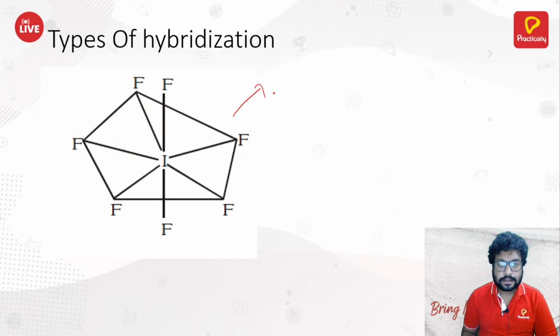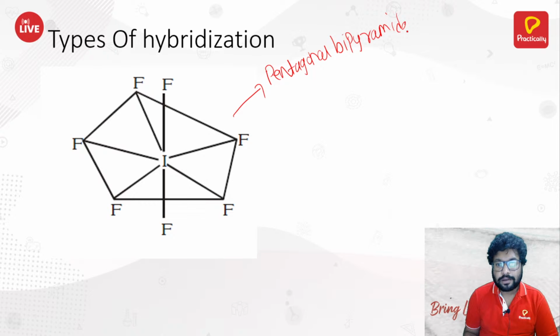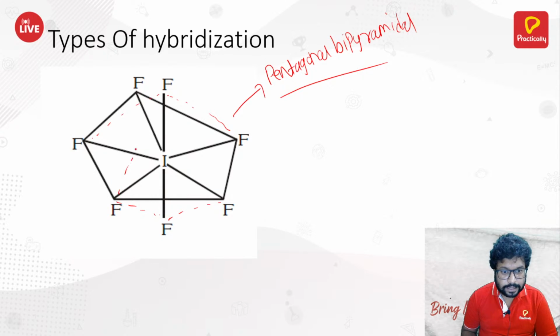This is called pentagonal bipyramidal shape, because this is a pentagon, okay, and you have a pyramid here. So this is a pyramid like this.